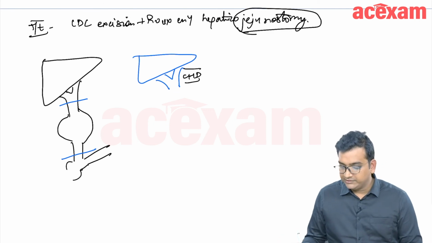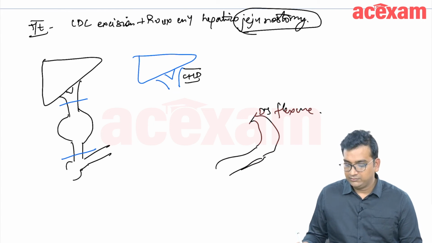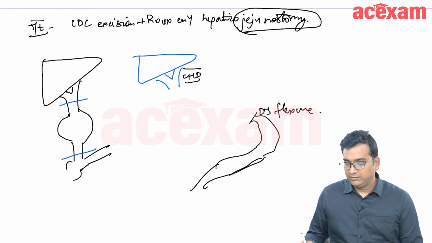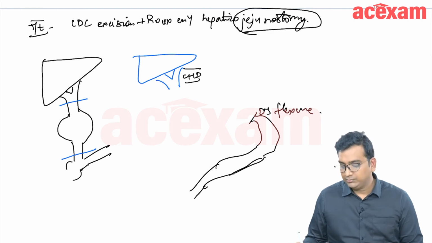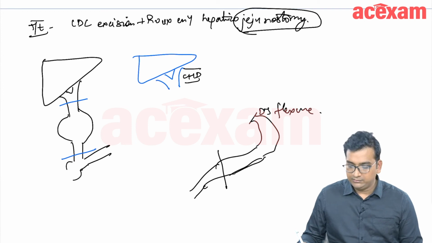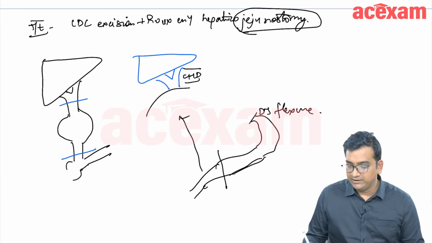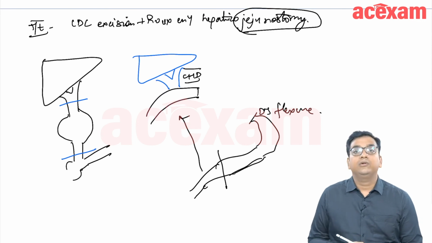Now, the jejunum here, if we see, from the DJ flexure, if we start, there is a jejunum which is going. What we are supposed to do, we are supposed to transect this bowel and take it towards the bile duct and join this bowel to the bile duct. Okay.